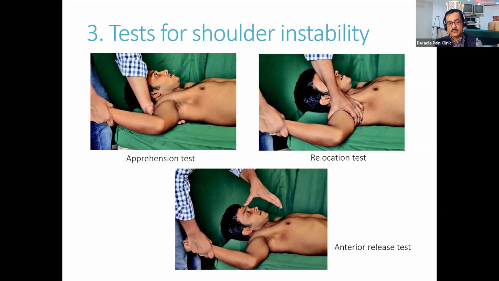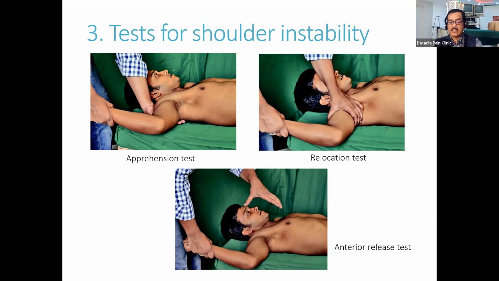After that, these three tests are in sequence. First is your apprehension, then the dislocation, and then you are pushing back. If there is a dislocation, the shoulder joint will be pushed back. And if you now release it again in the same position, what will happen? Again, even if you are not pushing from posteriorly, in the 90-degree abducted position with external rotation, there will be apprehension that it will push forward.